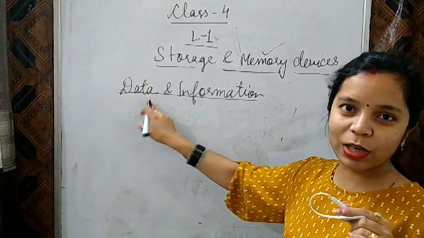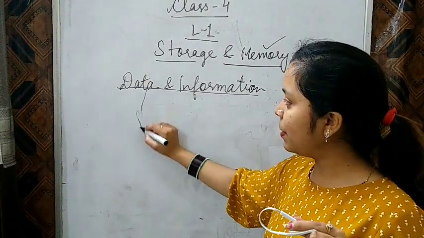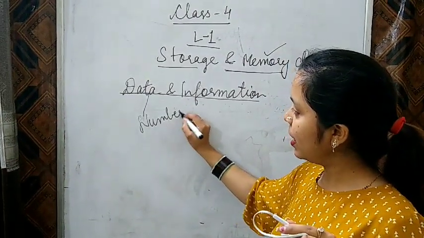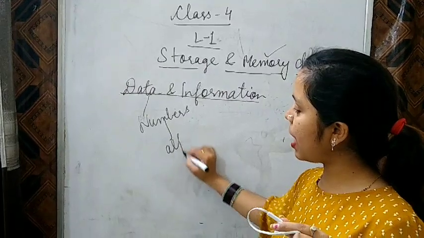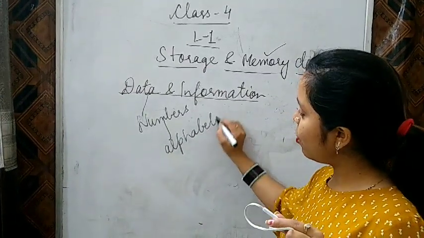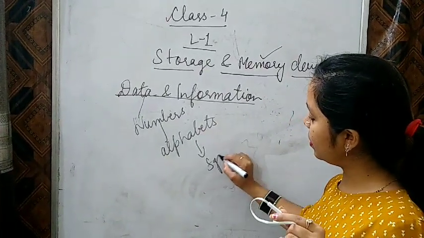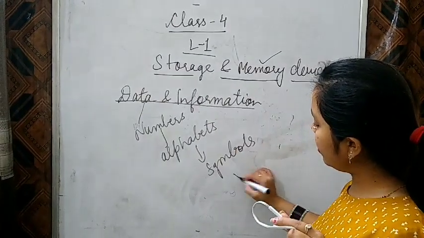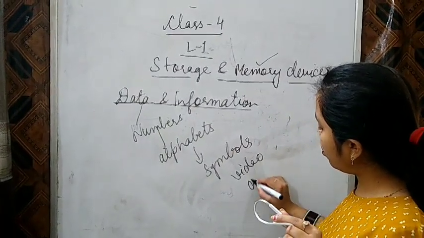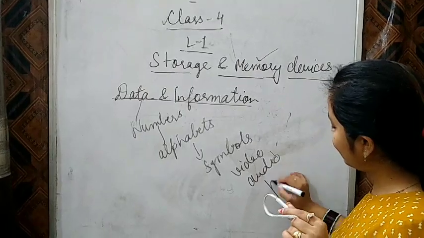Whatever we store in the computer, like numbers. It can be numbers, it can be alphabets, or it can be any symbols. It can be any video, audio, pictures.